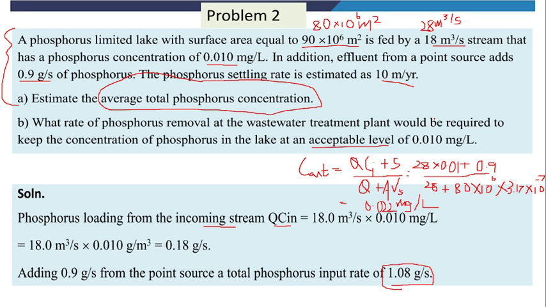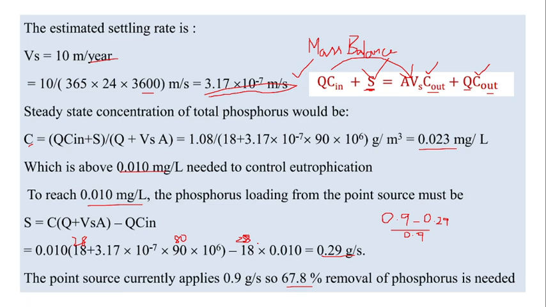In this one, the phosphorus contamination is happening. So in the wastewater treatment plant, they are removing the phosphorus. By using the mass balance equation, we are calculating the total phosphorus concentration in the outlet. And finally, we are calculating the efficient rate of phosphorus removal to achieve the threshold limit. The main thing you have to keep in mind is the mass balance equation.